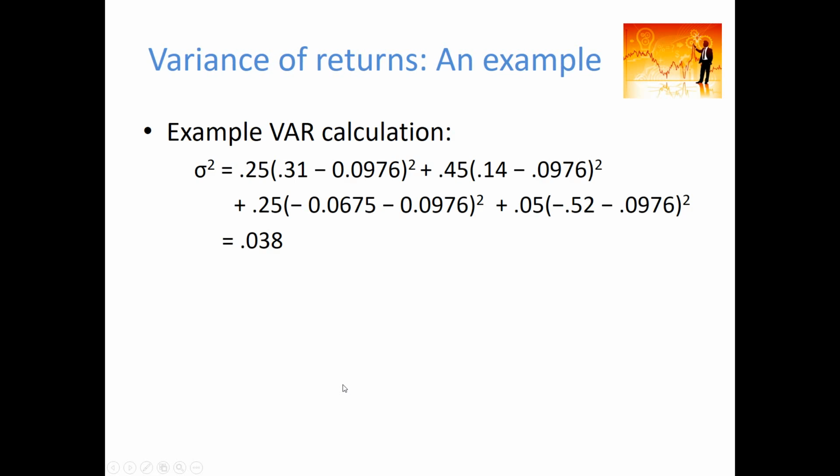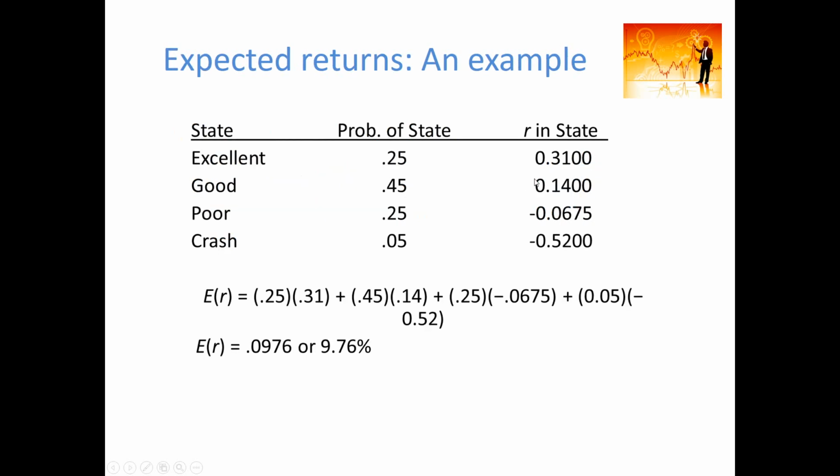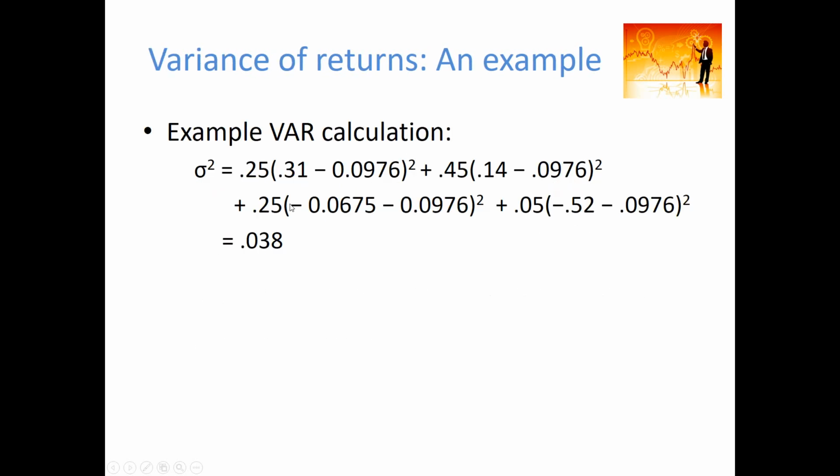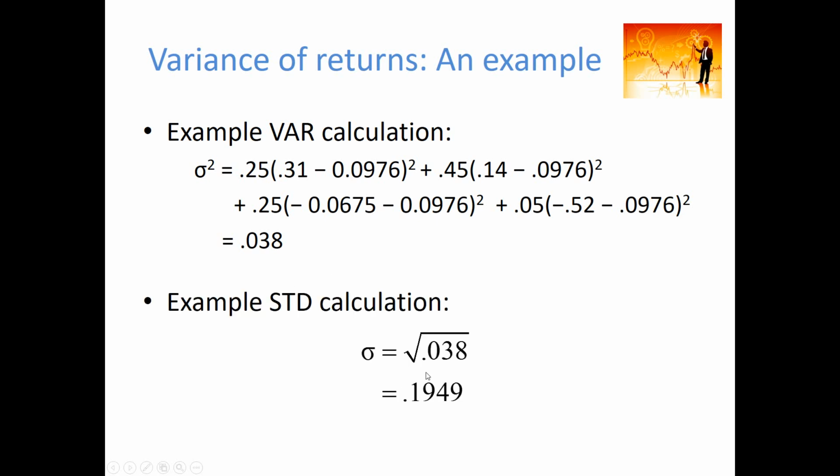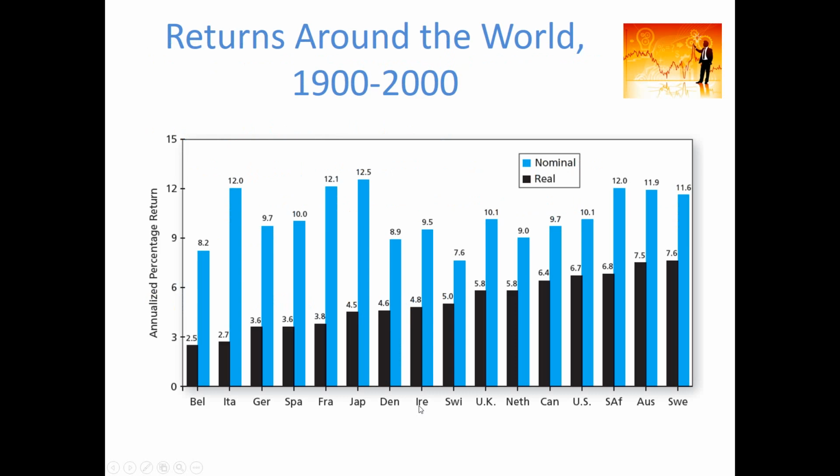And to get the variance, first we take the squared deviation of the individual returns from the expected return, and we multiply by the corresponding probability. We sum them up and we get the variance, and when we take the square root, that's the standard deviation. That means the variability of the return.